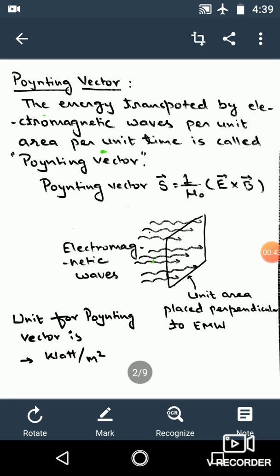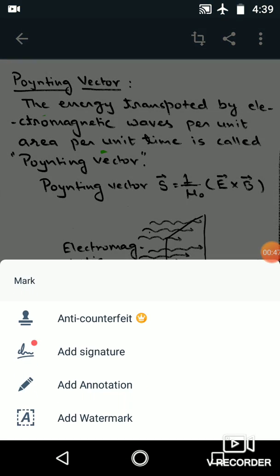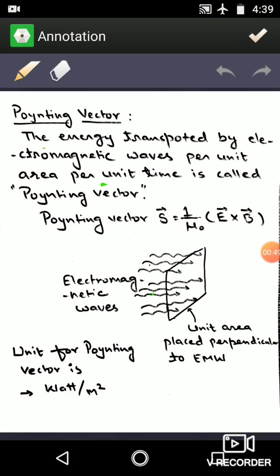What is Poynting vector? Let us consider a unit area which is placed perpendicular to the direction of propagation of the electromagnetic wave. Then the amount of radiation energy which crosses this unit area in unit time is called Poynting vector.